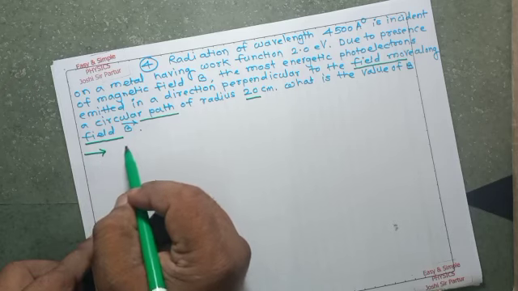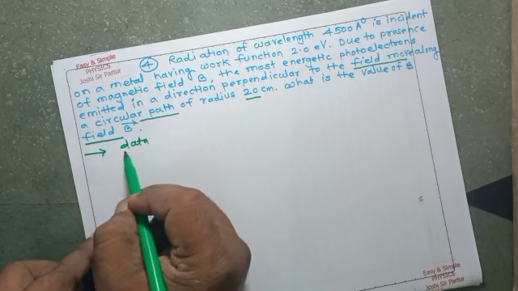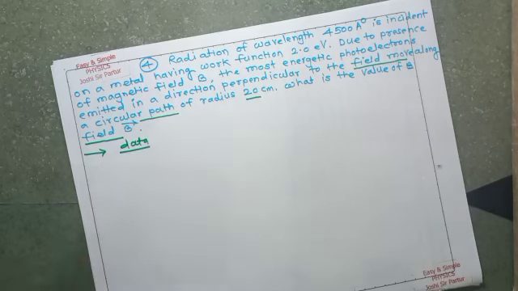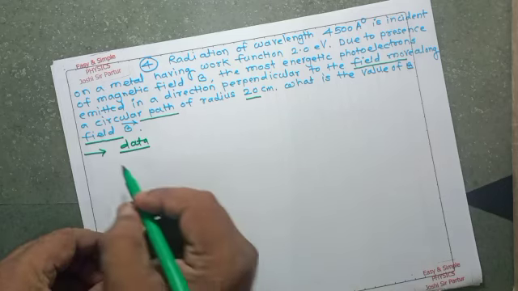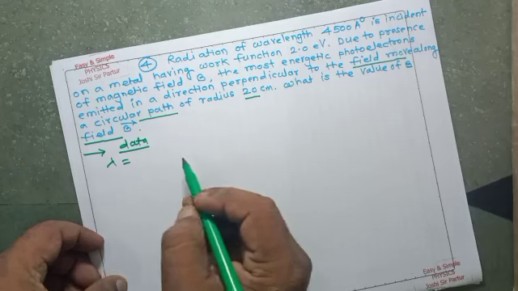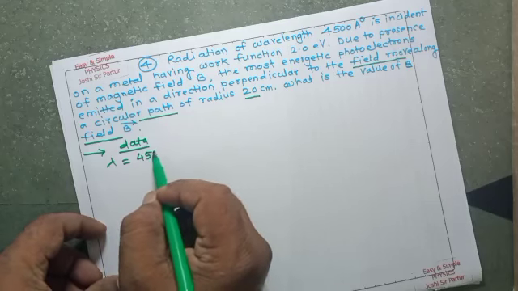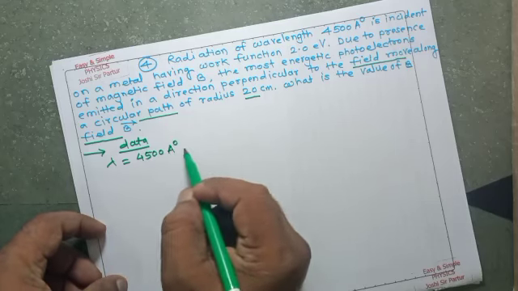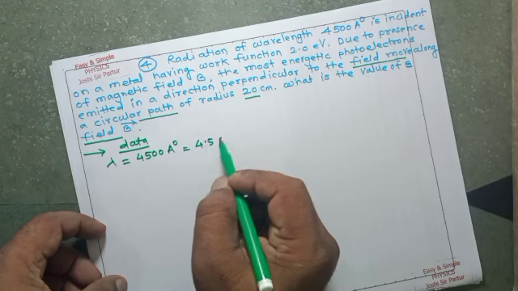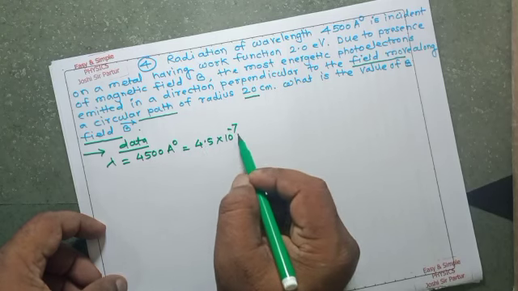So first of all we take the data. For this we know that incident wavelength lambda is equal to 4500 angstrom unit, means 4.5 into 10 to the power minus 7 meter.